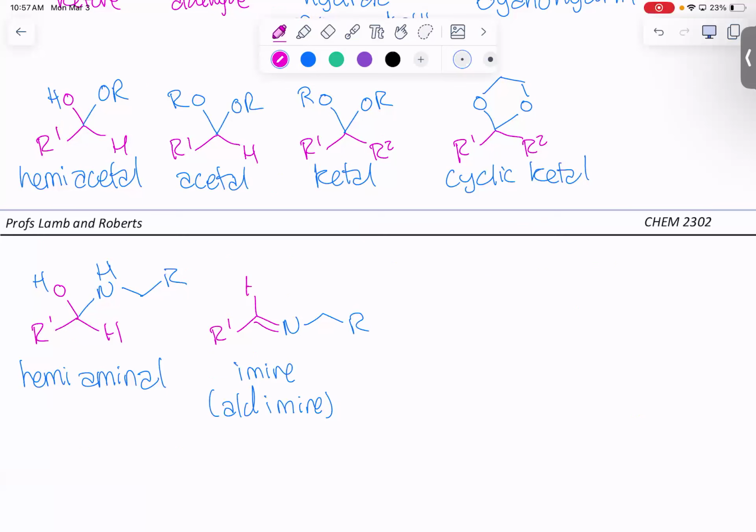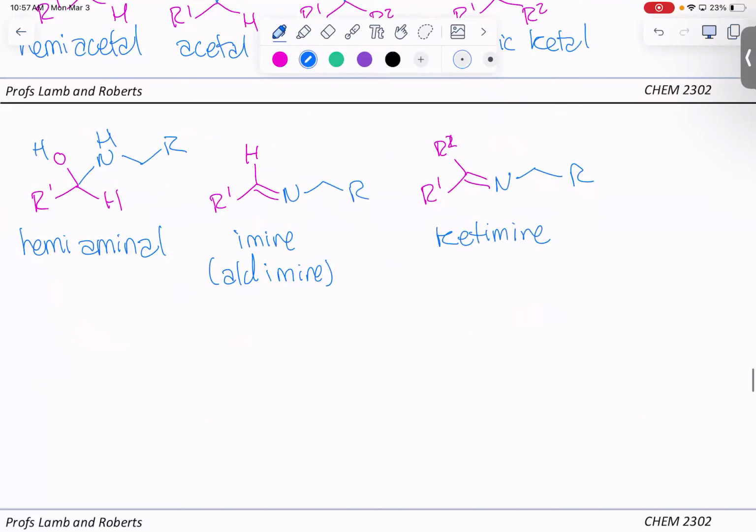So generally speaking, people still just call this an imine in the lab, but it's technically called an aldimine. The reason I pointed that out is you can get ketimine, which is in fact the name of a functional group. It is the ketone version of an imine. This is actually what ketimine means. So that's another group we're going to learn about how to make.